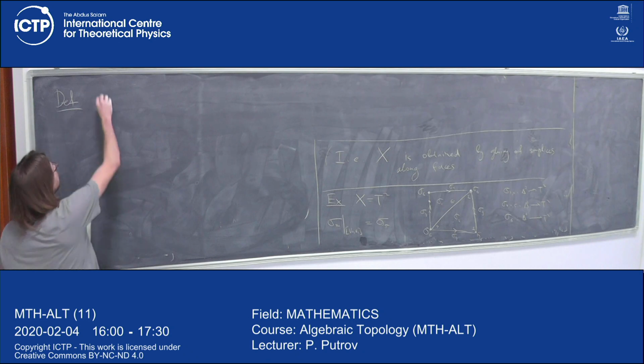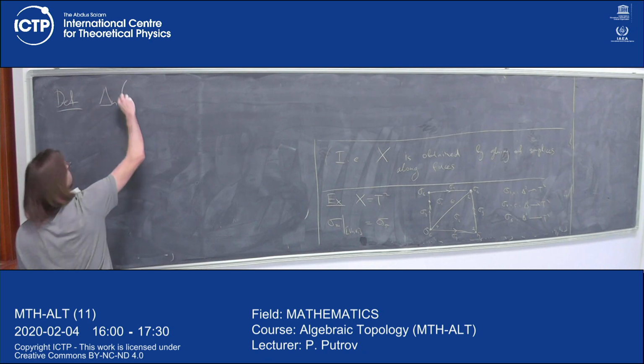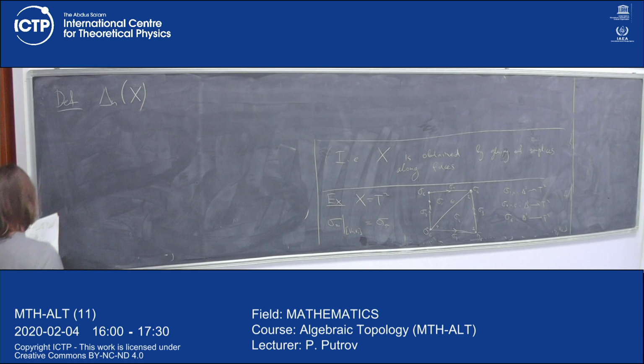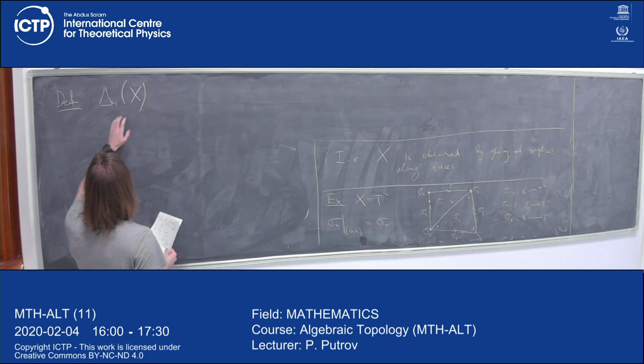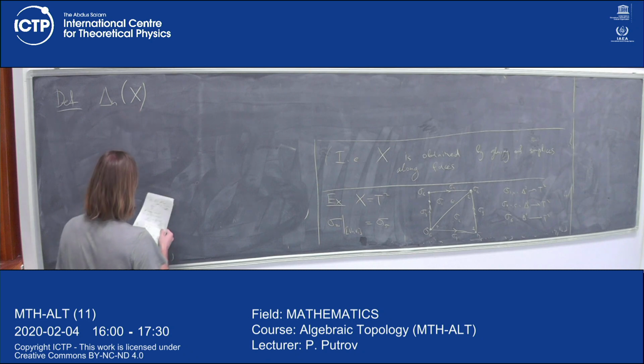Okay, now another definition. So this is delta n of X, depending on X, my topological space.